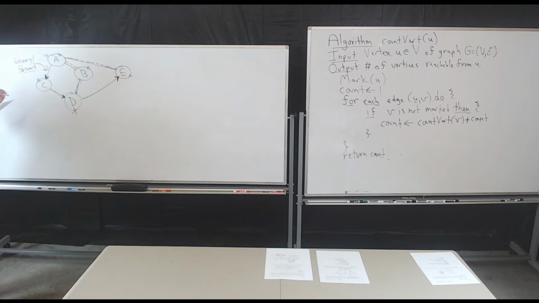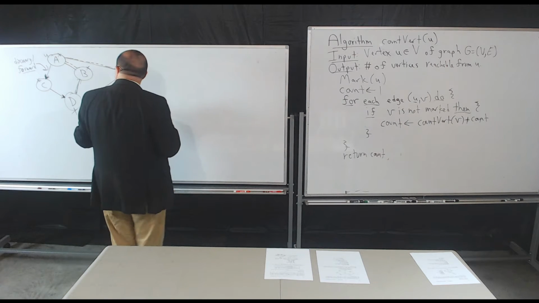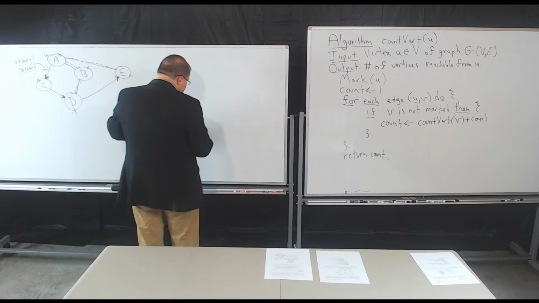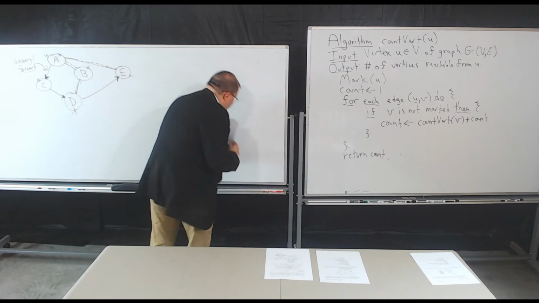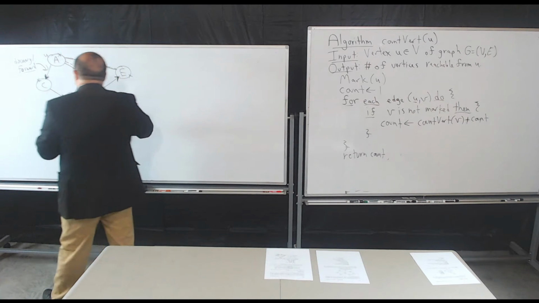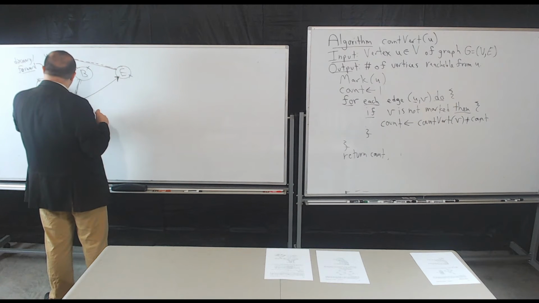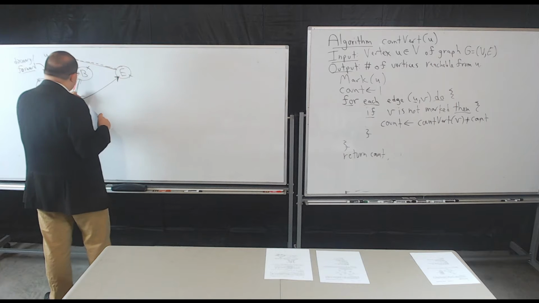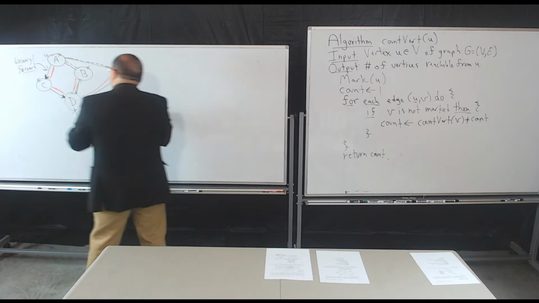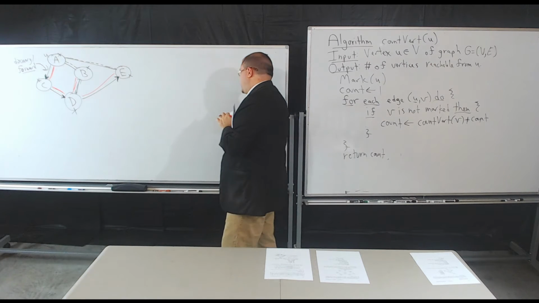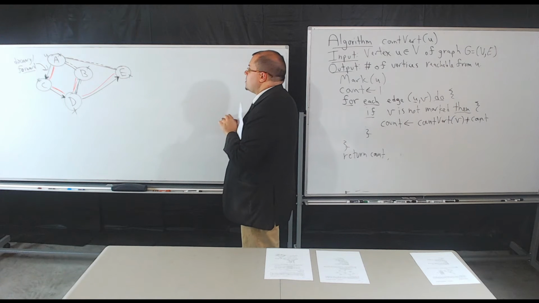Now, the neat thing about this is, what does this look like if I ignore the dashed edges, the back edges? To make it a little bit more apparent, I'm going to use a red marker. So what do we call that in graph theory? What is that?